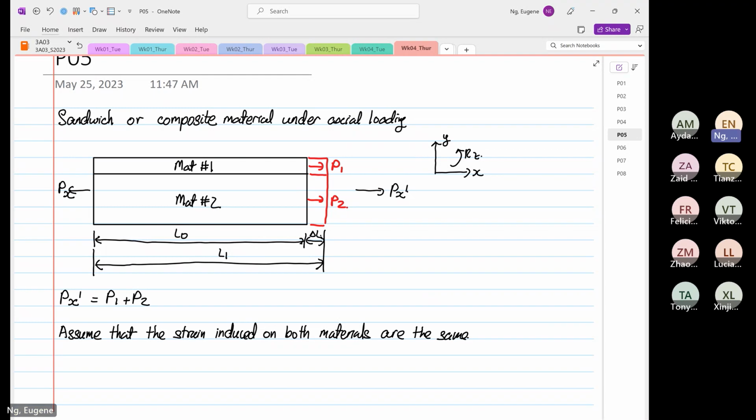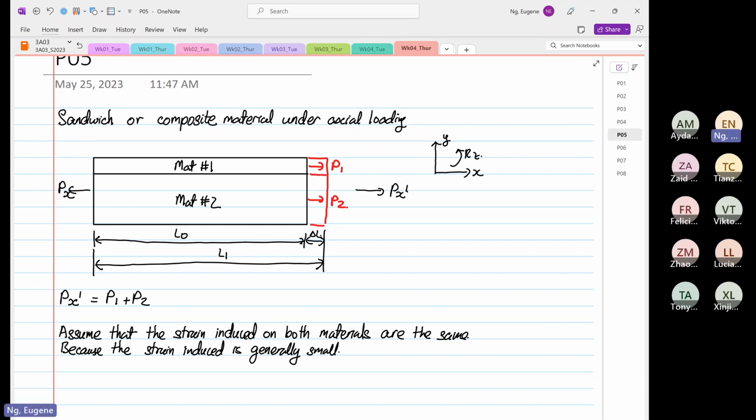Okay, and why is that? Why do we assume that? This is because the strain induced is generally small.